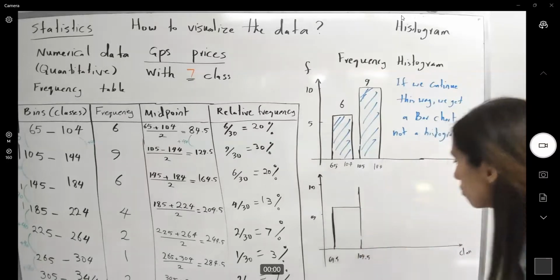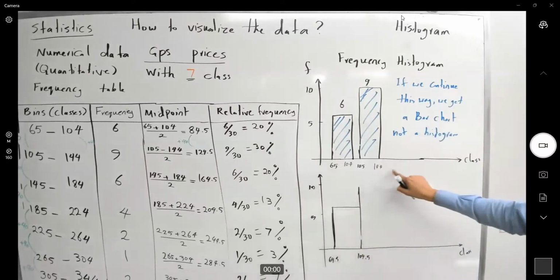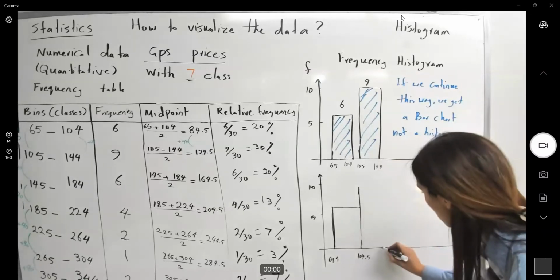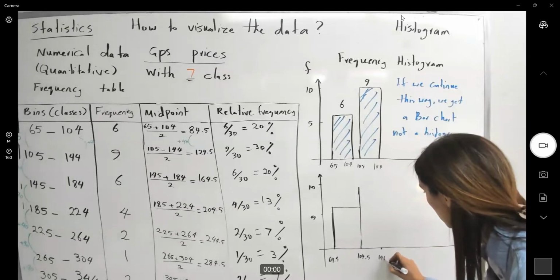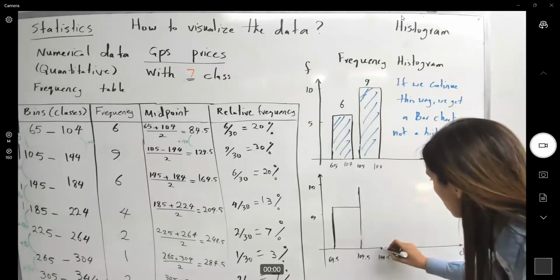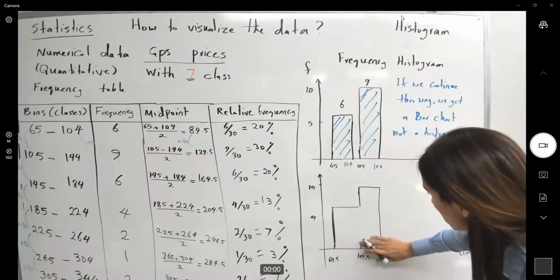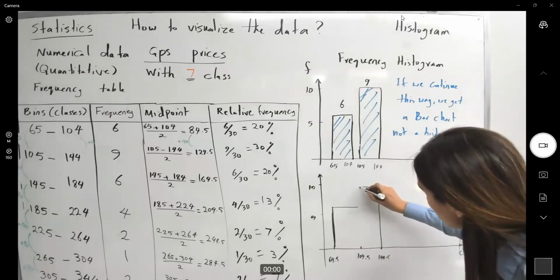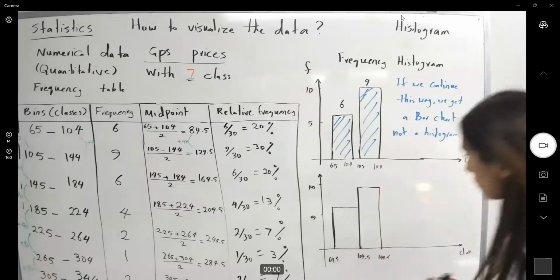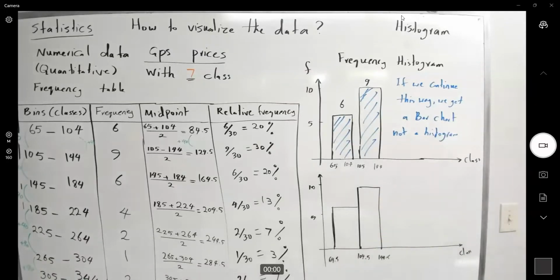This is your first bar. And this guy shifts a little bit to the right, 144.5. Just a little bit here. So they have the same base, and you're going to continue the same process.